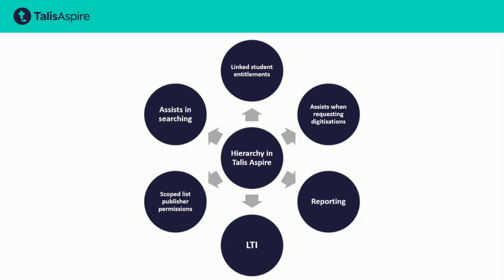It's important for LTI integrations to make sure that courses in the VLE are linked to the right lists via LTI. It allows you to tightly control how academics can interact with your lists, and it aids in the discoverability of lists via the search function within Aspire. So the hierarchy has implications for all of these.